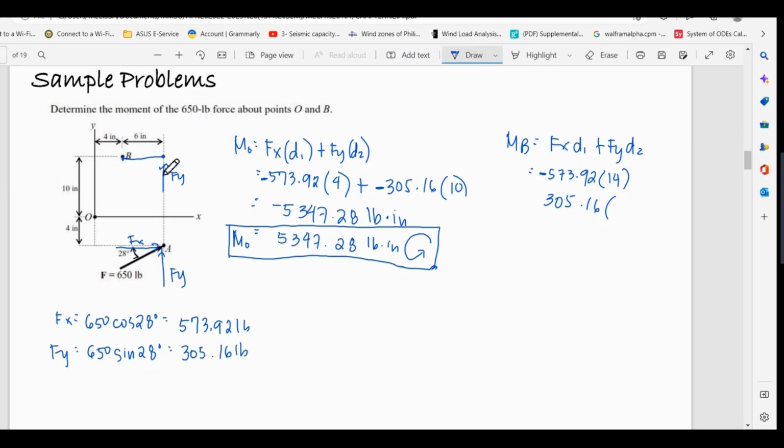So, pag nag-apply tayo ng force Fy dito sa tip, magkakaroon ng counterclockwise motion yung ating stick. Iikot yung ating stick into counterclockwise direction. Therefore, what distance? We have 6. And it will be negative kasi nga there is counterclockwise motion.